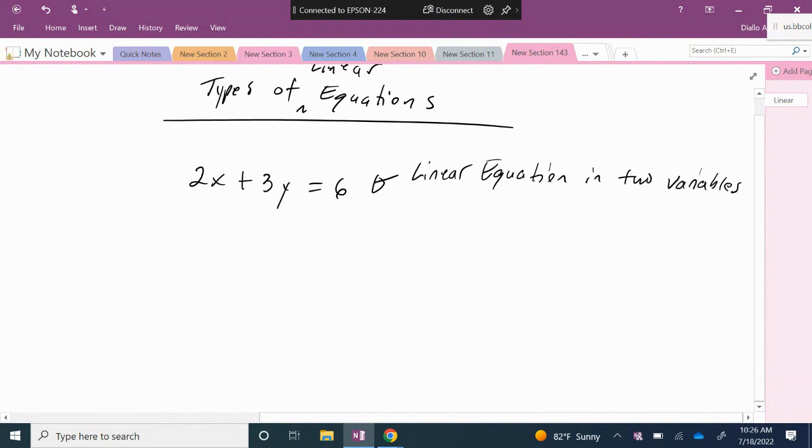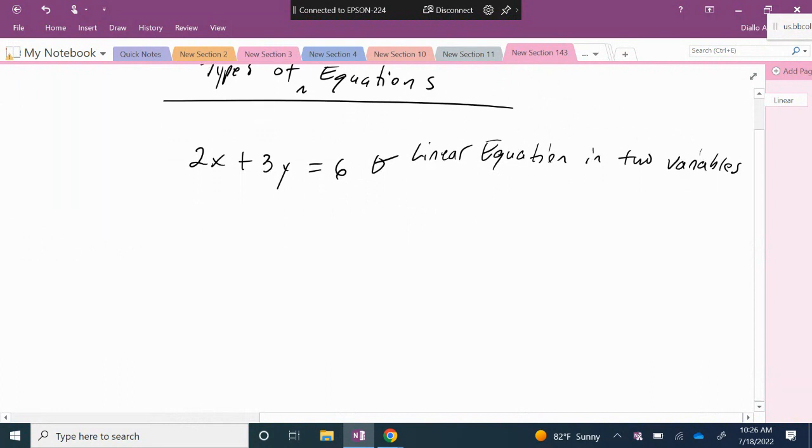All right. If we take a look at another example, x plus 2y minus 3z is equal to 9. This would also be a linear equation because if we look at our exponents, the largest exponent is a 1, so that would classify it as a linear equation.